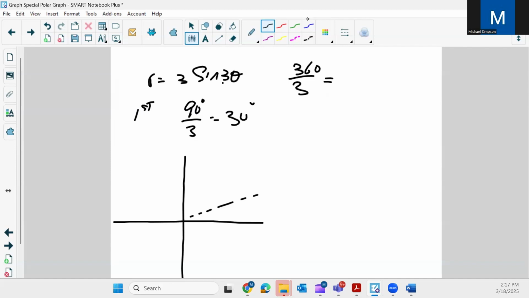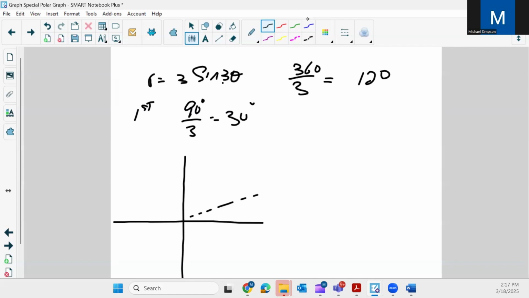That's the equation right there. That tells me each petal is going to be 120 degrees apart from each other. And that's after the 30 degrees.